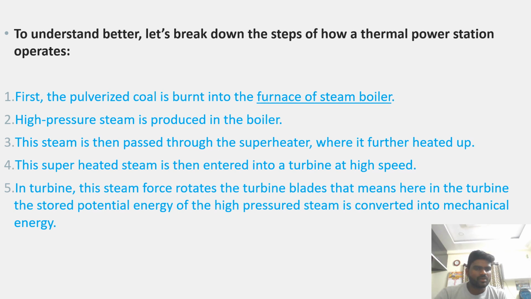Step four: the superheated steam then enters the turbine at high speed. The last step: the steam forces the turbine to rotate the turbine blades. Here in the turbine, the stored potential energy of high pressure steam is converted into mechanical energy.